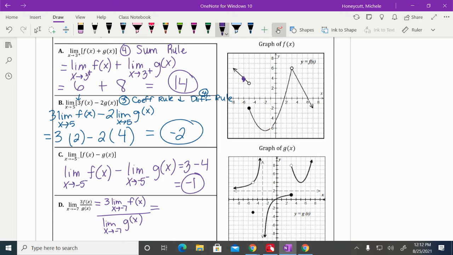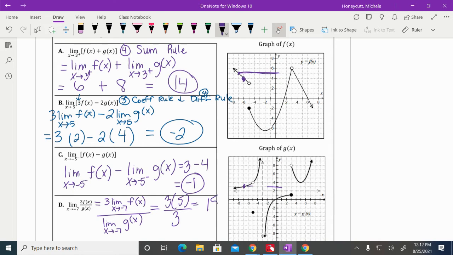Negative, oh, that's -6. There we go. 5. So 3 times 5. And then on g, as x approaches -7, the y values get close to 3. And 3 times 5 divided by 3, 15.